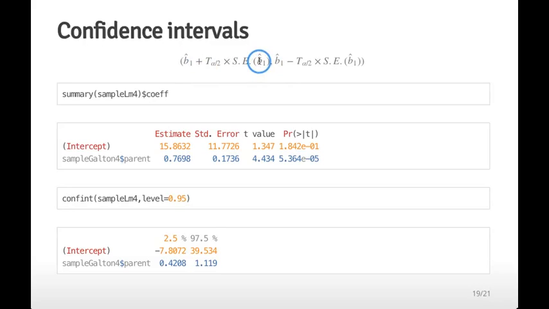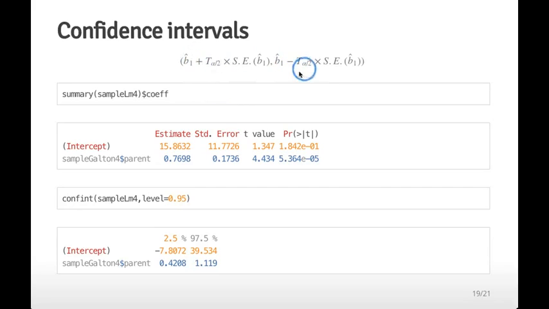To get a confidence interval, we just multiply the standard error by a particular quantile of the t-distribution, where we choose the quantile equal to alpha divided by 2 if we want an alpha level confidence interval. And so we do plus and minus that to make a symmetric interval. Actually, this should be minus and plus.